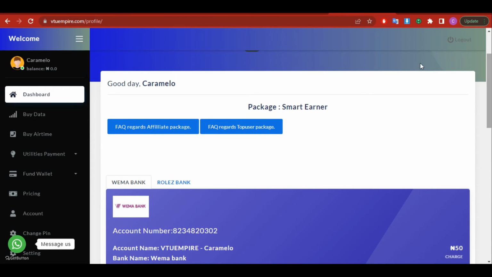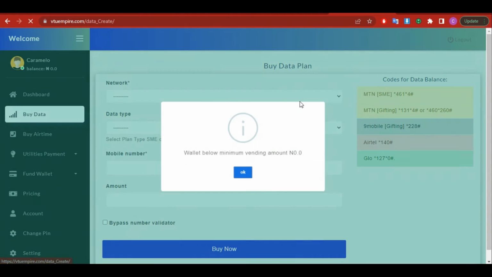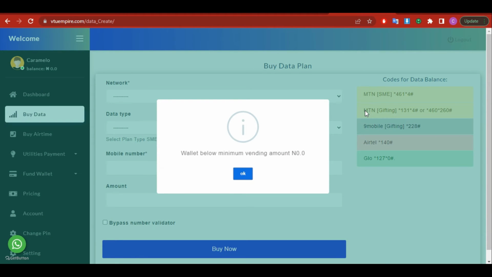You don't want delay because you don't want to tarnish your business. Once you delay, people start looking at you as if you're a fraud. So now I can't do anything because I don't have money in my account. Also you send your customers this code here for them to check their data balance. All right, so that's that.